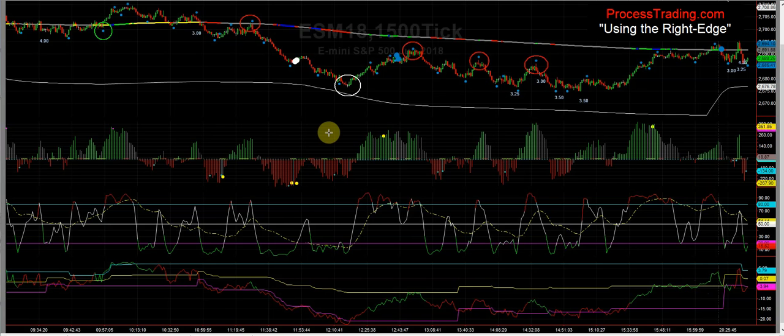So if you wanted to take a contrarian trade or a discretionary trade, you take it right here, simply because the price had fallen almost to the contrarian line, or the contraband down here.